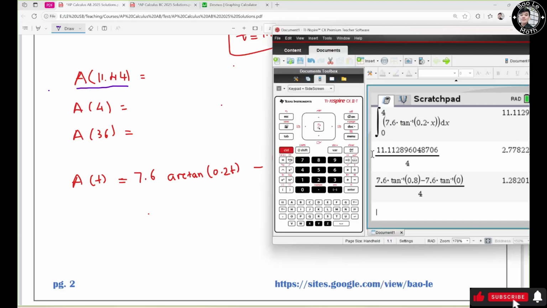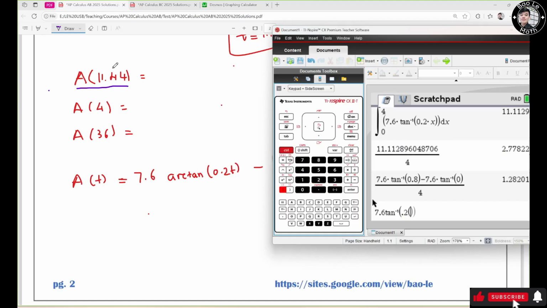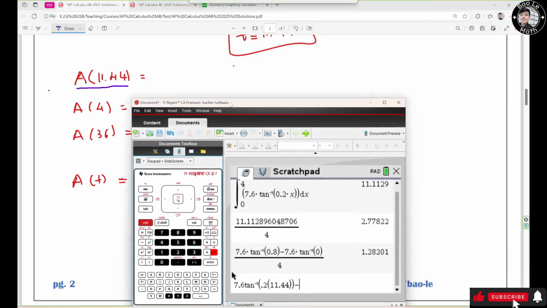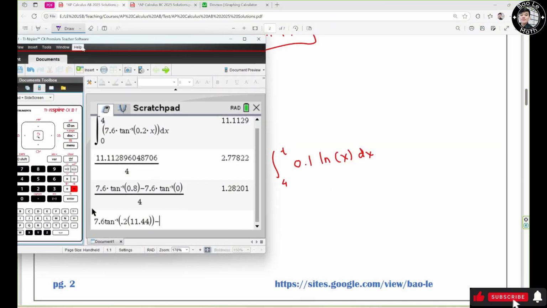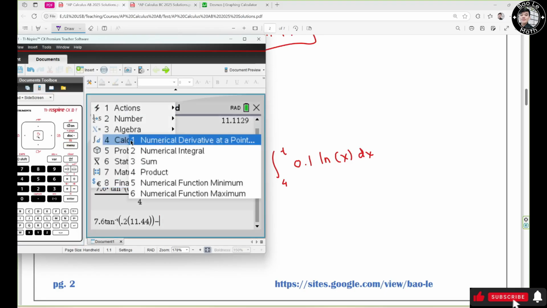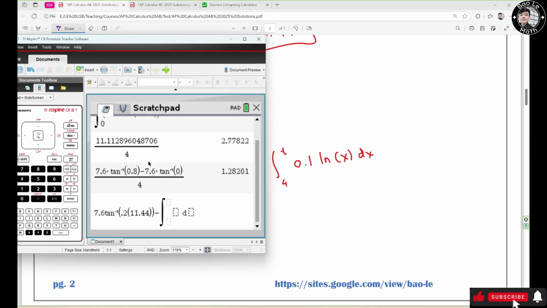So I'm going to bring up the calculator. I hit 7.6 tangent of 0.2 times t, where t equals 11.44. And then I need to subtract the integral from 4 to t, so I hit menu, calculus, numerical interval.